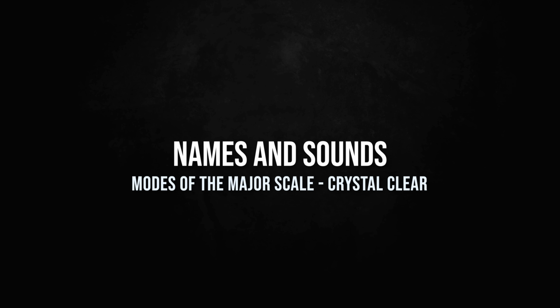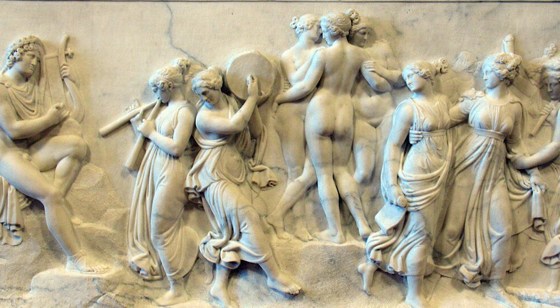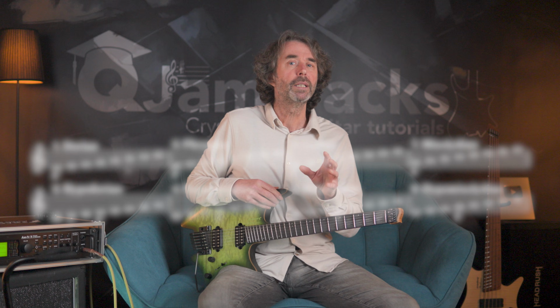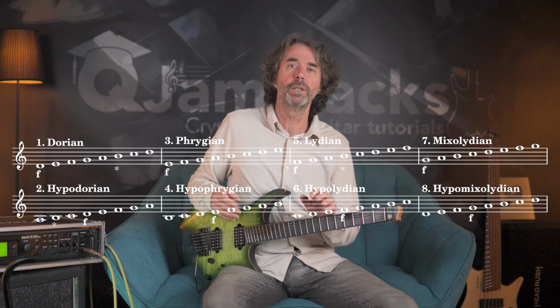The 6 new modes from a diatonic major scale have unique names that have their origin in ancient Greece, but the modes themselves are not so much connected to that old Greek system. The modern modes of the major scale are more related to medieval and Gregorian modes that used 8 modes for a Gregorian chant.